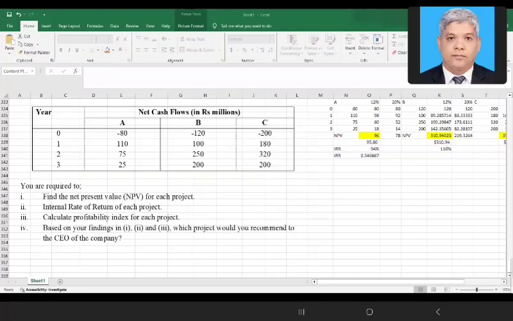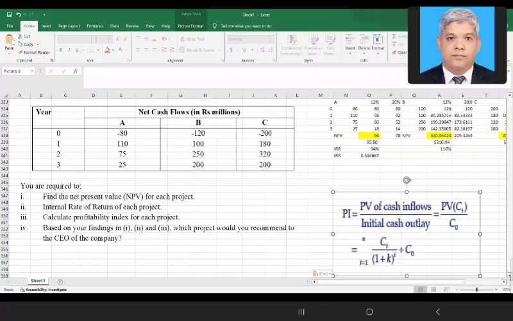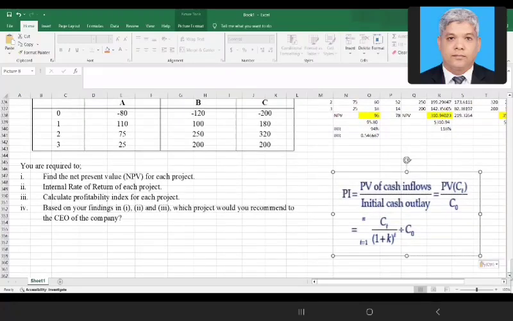Present value of cash inflow. So calculate the profitability index for each project.